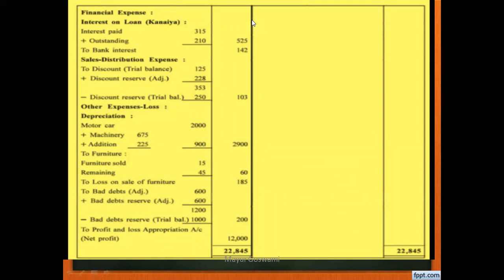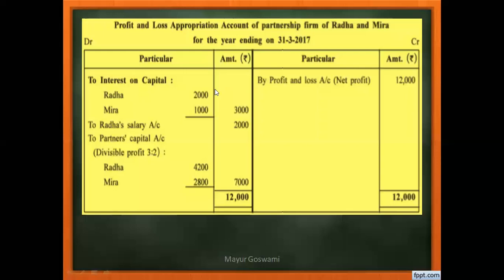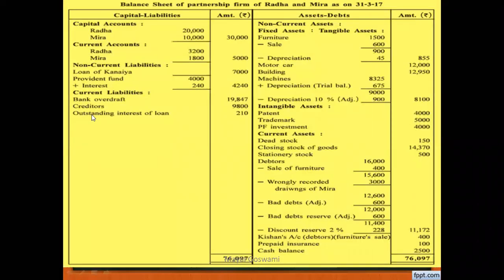So we can say 210 is outstanding. So this is a hidden adjustment you can say. So please add plus outstanding interest 210. Total in the outer column 525. And the second effect of this outstanding 210 on the liability side: outstanding interest on loan 210.